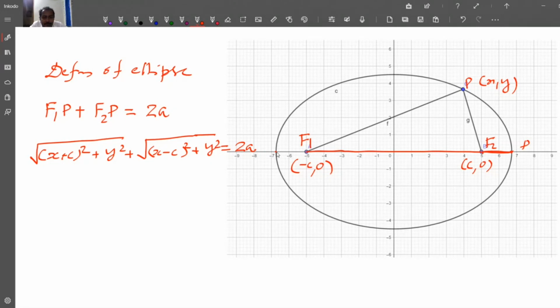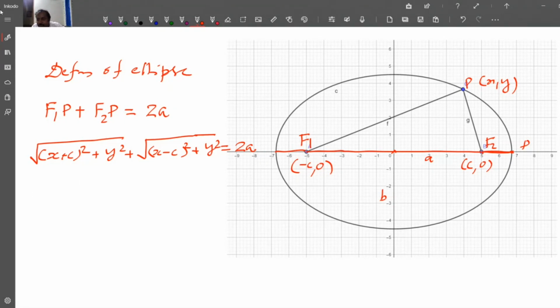So the distance from here to here is 2a, using the same argument. So the distance from the origin to the vertex of the ellipse is a, and this is known as the semi-major axis. a is known as the semi-major axis and 2a is known as the major axis. We usually take 2b as the minor axis, b as the semi-minor axis.